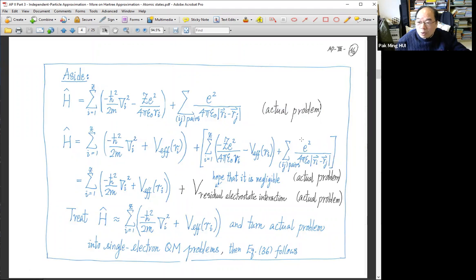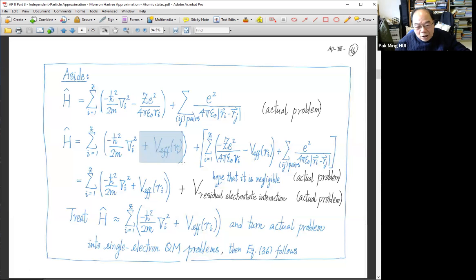Okay, so what we have done is the following. After we make all this discussion on the Z-1 electrons and the nucleus producing an effective spherical potential, let me introduce this potential here. But I can play with the exact Hamiltonian.